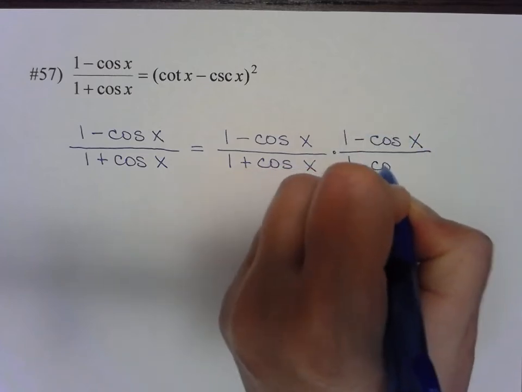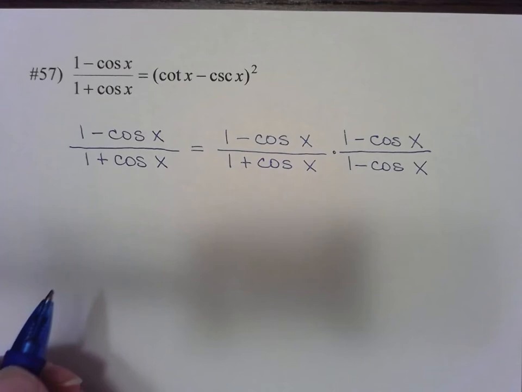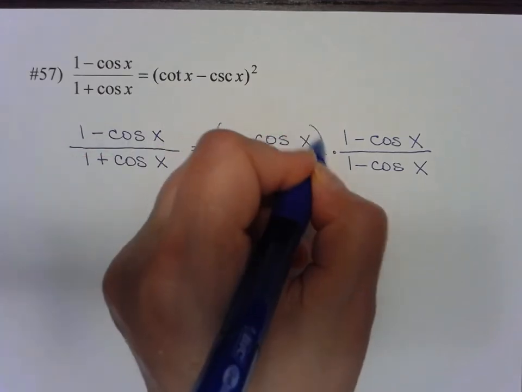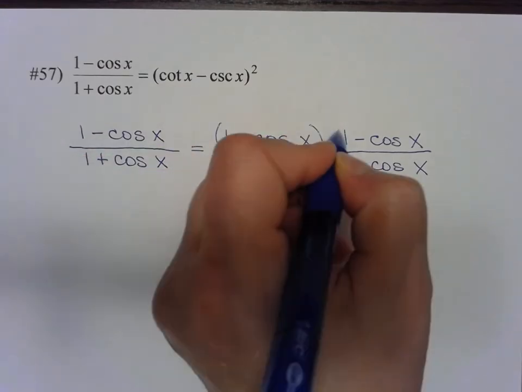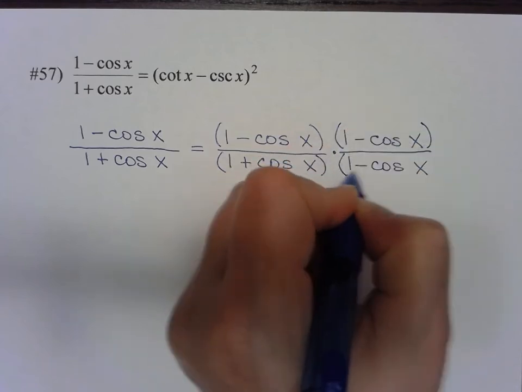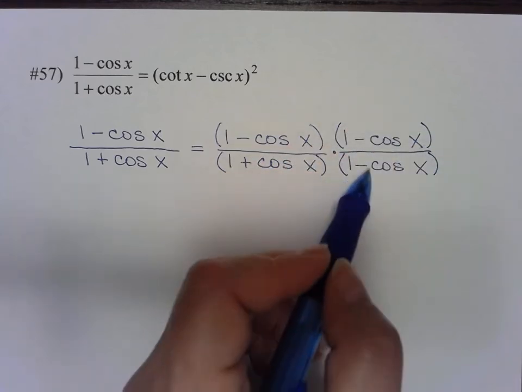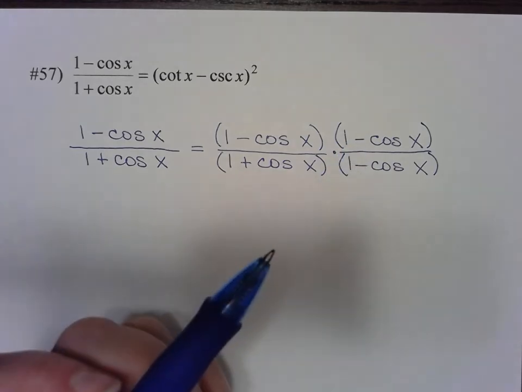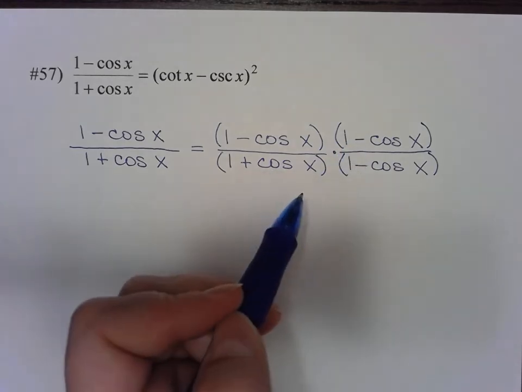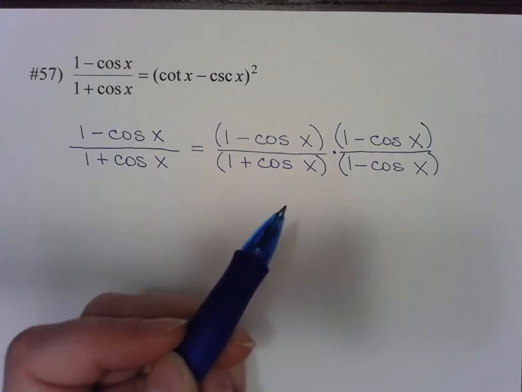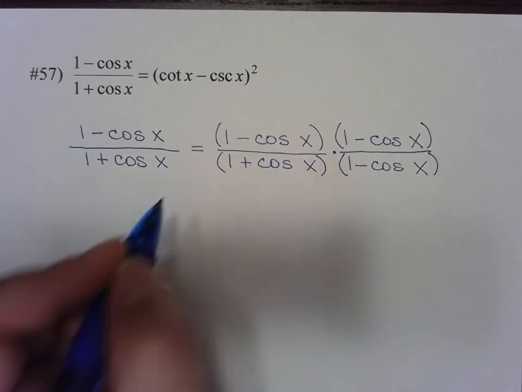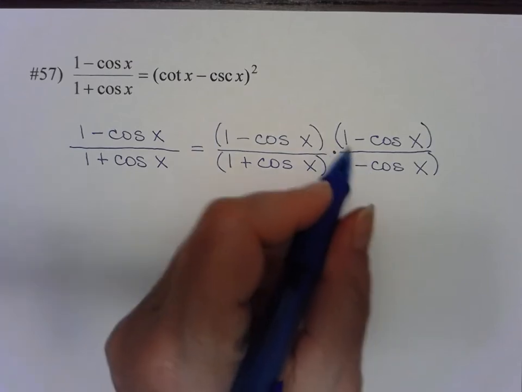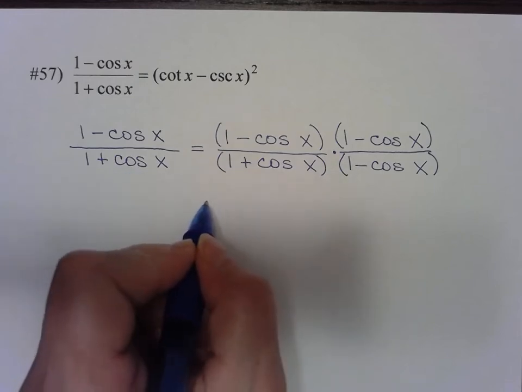And so we'll multiply the top and the bottom by 1 minus cosine of x. We are allowed to do that because as long as I multiply both the top and the bottom, it's sort of like multiplying by 1. I'm not changing the value, I'm just changing what the expression looks like, but I could definitely factor and reduce and get back to the original so they're equal.